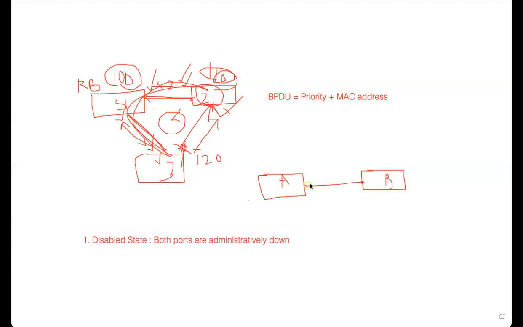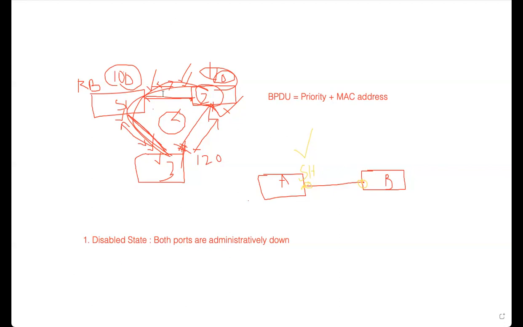This port and this port are manually down, like shut down. They are like no power to that port. We manually did the shutdown. So when this port is in the shutdown state by the user or the administrator, the spanning tree will never start because the port is not even up. It's like turning off the switch. So this port is already down. That is the disabled state.